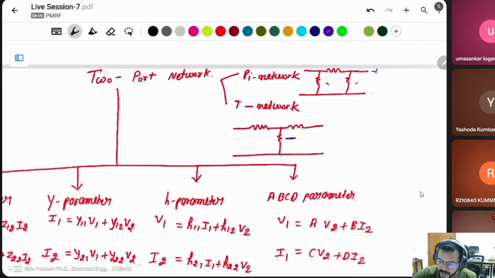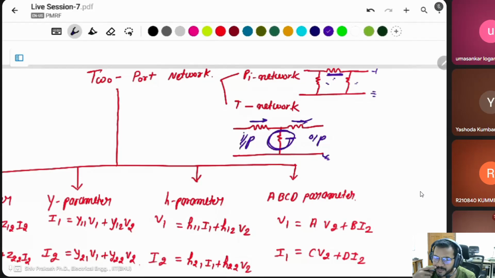The series parameters are resistor and inductor, and you can model this in two ways. With the primary side and secondary side, input side and output side, it is modeled with the whole capacitance equivalent in the middle.